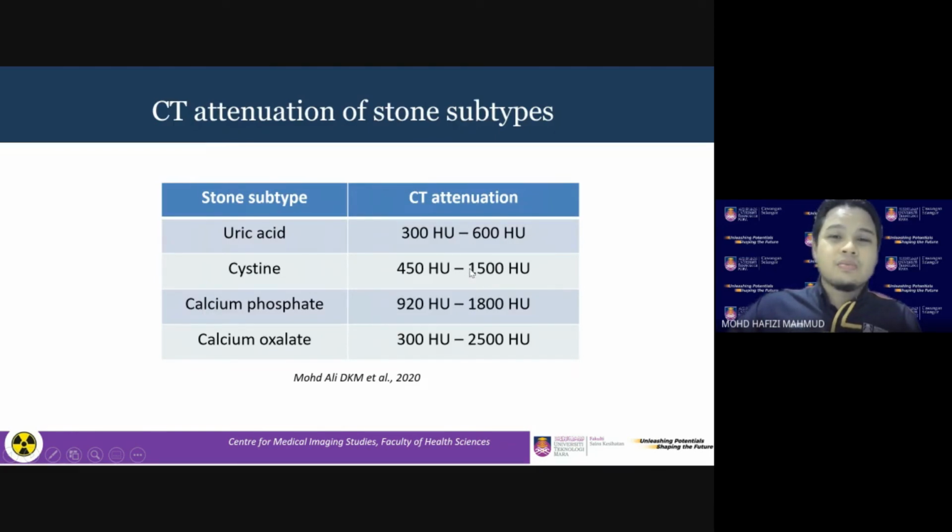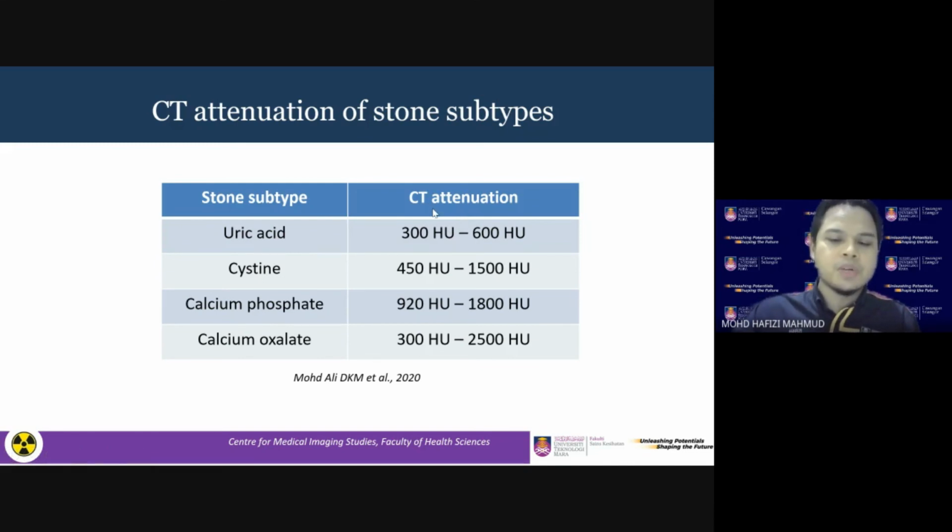Then you have the CT attenuation of the stone subtypes. For example, uric acid has the lowest attenuation. Attenuation refers to the CT value. The denser the substance or material, the higher the CT attenuation.